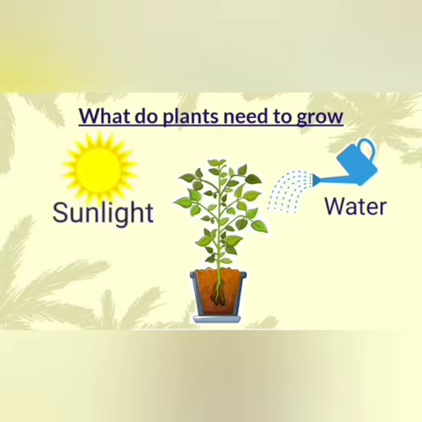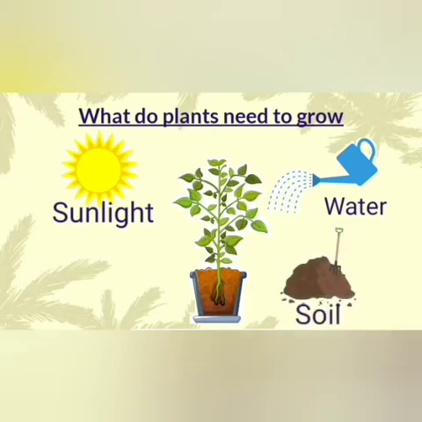Sunlight. Plants need sunlight for energy. Now, soil. Soil provides the roots with nutrients which can be transported to the rest of the plant. And lastly, air. Plants also need air to breathe. So these are the 4 things that plants need to grow and live.